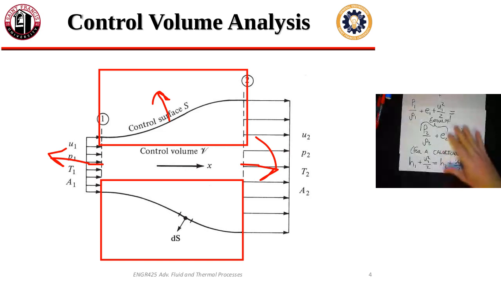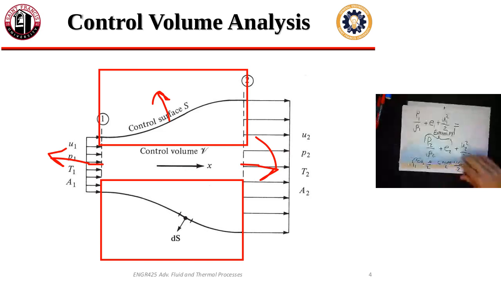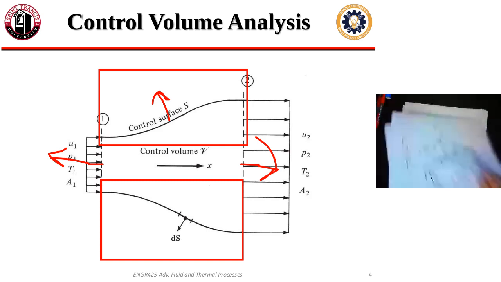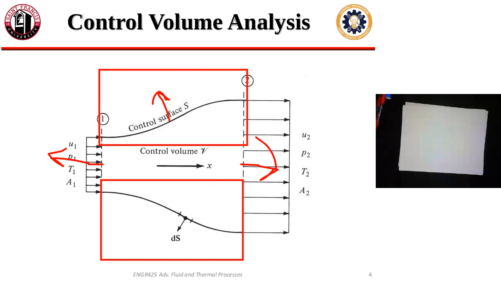So assuming, of course, that we don't get any shock waves, which is kind of a big assumption. It's possible, but it's something that we have to also list. We have no shock waves because as soon as we get a shock on this, that assumption of isentropic flow goes away, right? Because shock waves are entropic.